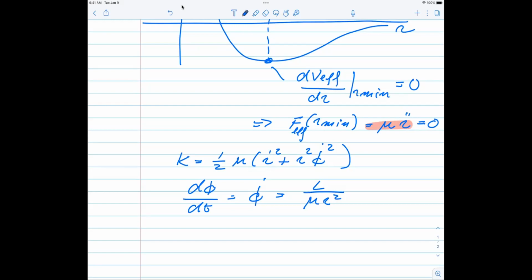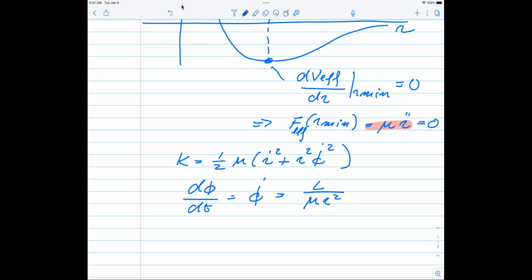So that means that R squared is R min squared. Would you agree on that? And that's a constant, right? You are at the minimum. You place yourself at the minimum. You still have kinetic and potential energy. So the potential energy is not 0. It does not need to be. And the kinetic energy is not 0.